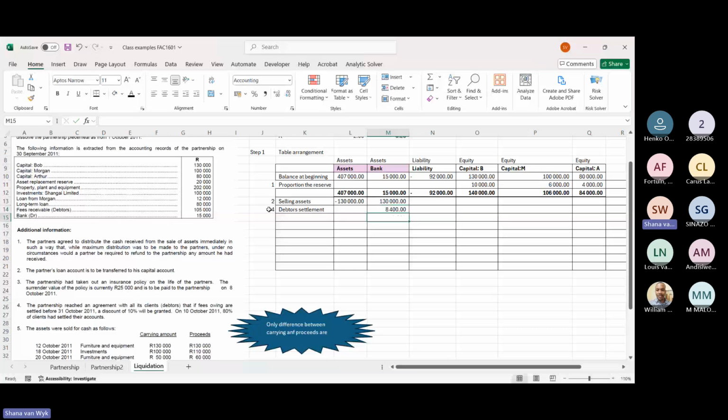And then based on the credit side to close off the account. Wait, do you guys agree? I can't be wrong. You saw debtors received.